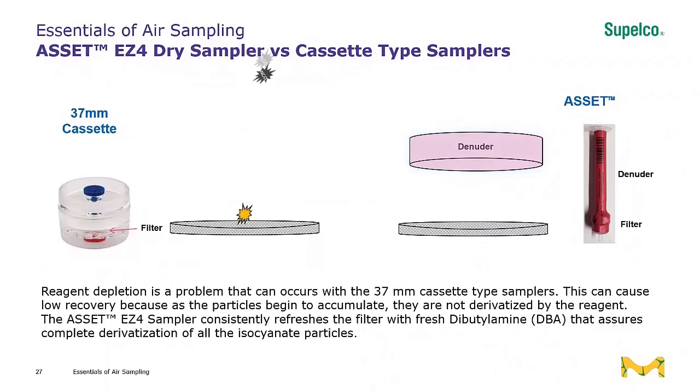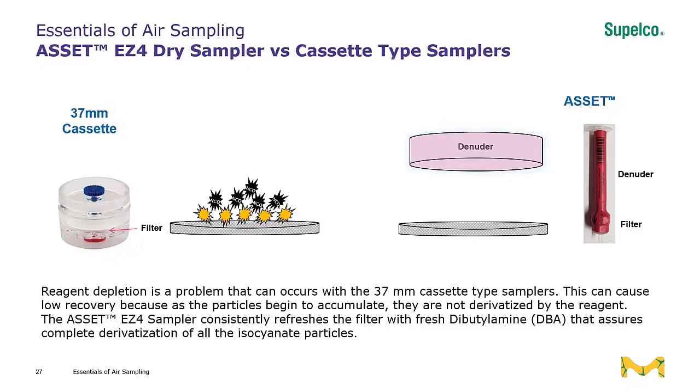The 37 millimeter cassette has a flat type design, and in that design, only the isocyanate particles that land on the filter and have contact with the reagent derivatize. Those that pile on top above it do not derivatize, and therefore cannot be measured. That means you would have a low recovery in this device and underestimate exposure.